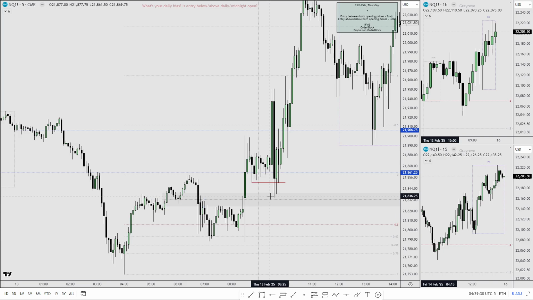Because it is a turtle soup setup, what are the signatures of turtle soups? I'm going to tell you. Turtle soups are the best entries because they are the most aggressive. They do not spend time below those lows.